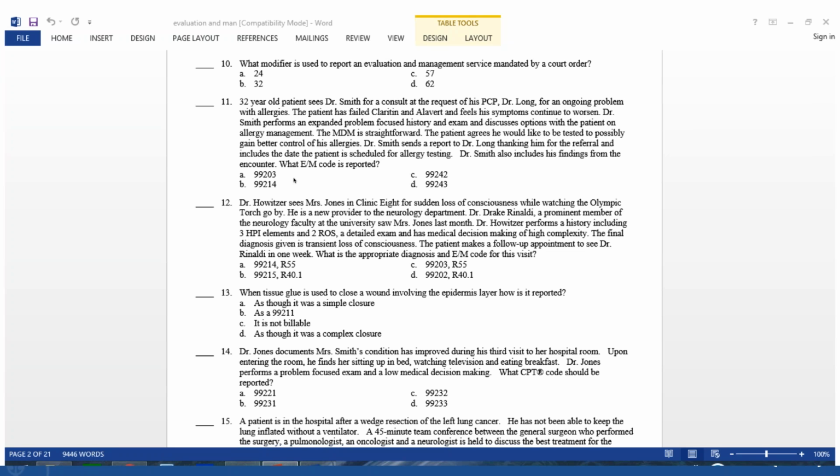Page 19 is where it starts, so you can flip to page 20. When you flip to page 20, what are the first 4 numbers that you see on that page? This is what I'm trying to tell you. You have to learn how to categorize this test, how to break down this E&M. If I see that 9924 is for my consult codes, I know I can get rid of A and B. Do you see what we're doing?